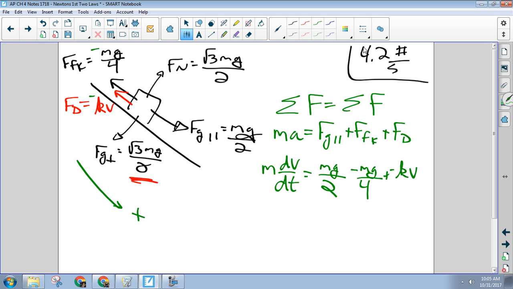What's messing you up? Is the drag force working with or against the motion? And so that's why I'm subtracting it. Okay, then the problem says the drag force equals negative kV. So why is it saying that? Because it opposes the motion, right? It's saying if your velocity is positive, then your drag force is going to be negative, and vice versa. So that's all that negative sign is in there for.